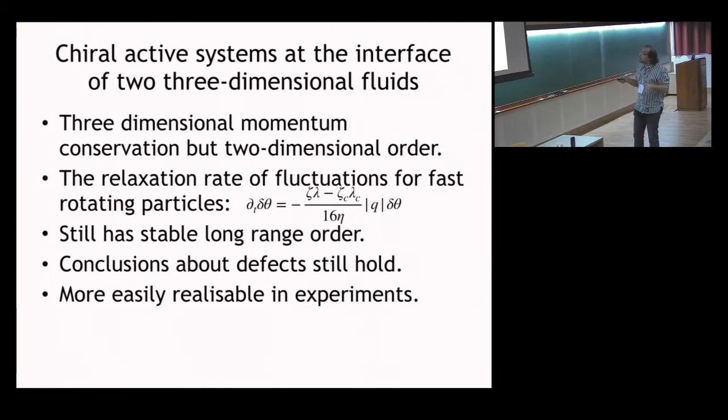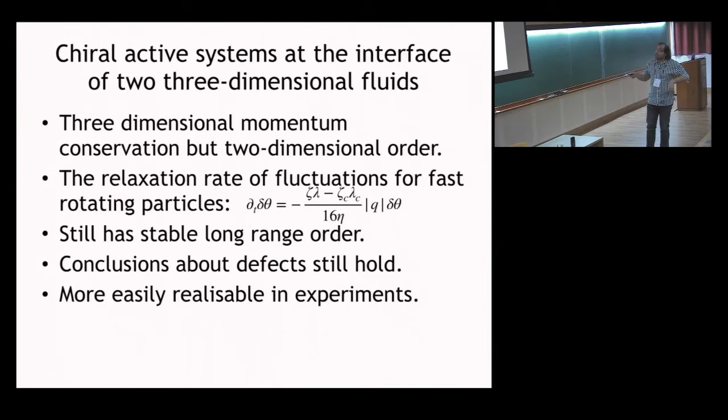But again, the chiral rotation in this case will stabilize the Simha-Ramaswamy instability. The mode structure becomes slightly different. The relaxation growth rate depends linearly on the magnitude of the wave vector, but that's a minor difference. The mechanism still remains the same.